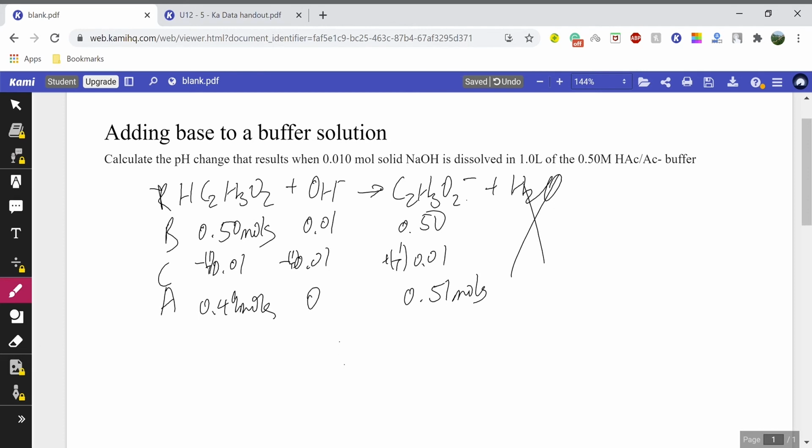Again, moles divided by the solution, which is 1 liter, will be molar. So this is also 0.49 molar of HC2H3O2, and it's also going to be 0.51 molar of C2H3O2 minus.